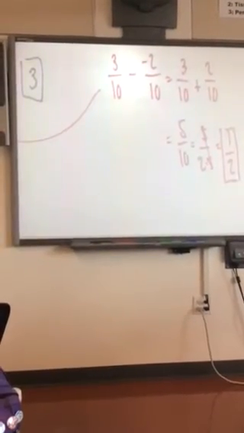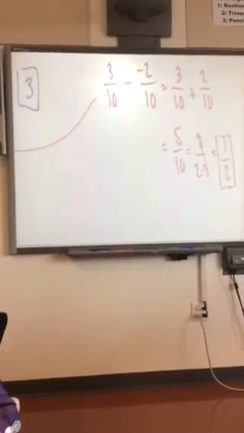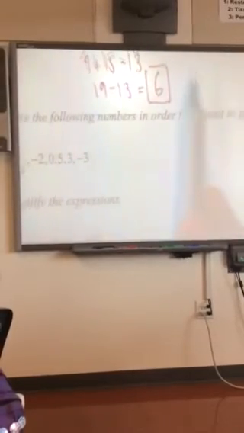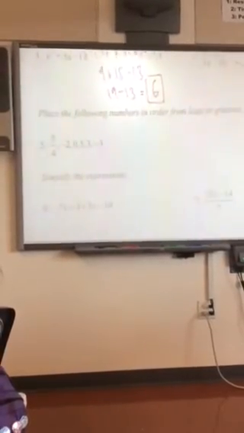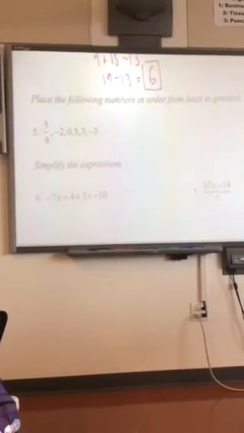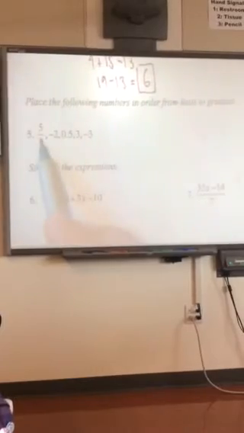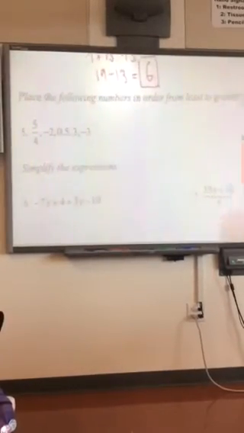All right, the next one is working on a number line, putting numbers in order from least to greatest. So smallest numbers first, and the bigger numbers last. What you can do here, if you need to, is convert the fraction to a decimal, or vice versa.